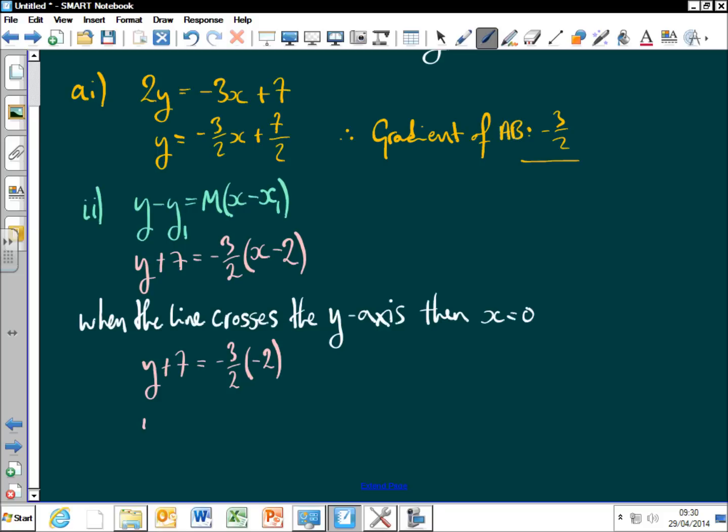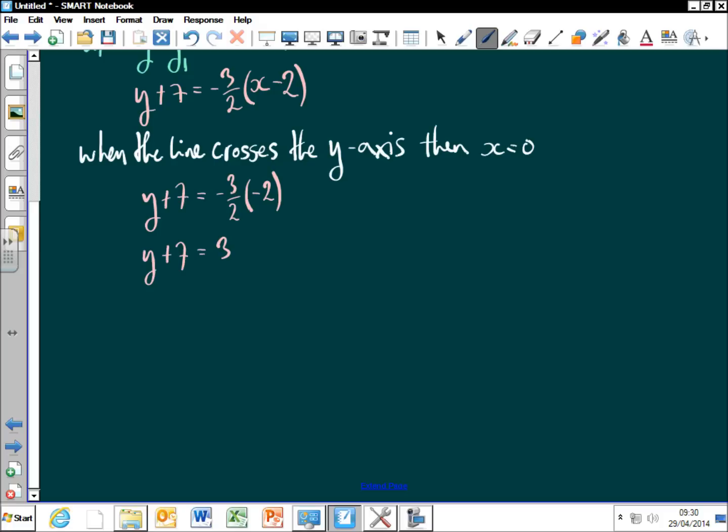So I get y plus 7 is equal to 3, because the negatives are going to cancel and the 2's are going to cancel, and finally y equals 3, take away 7, so this is going to be -4. Okay, so point D has the x coordinate 0 because it crosses the y-axis, and the y coordinate -4.